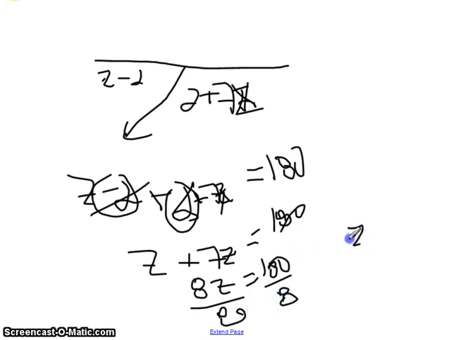So z would equal, well, 8 will go into 18 2 times. That would leave us 16, 20, 8 times 5 is 40, 8 times 7 is 56. Looks like 22.5 would be z.